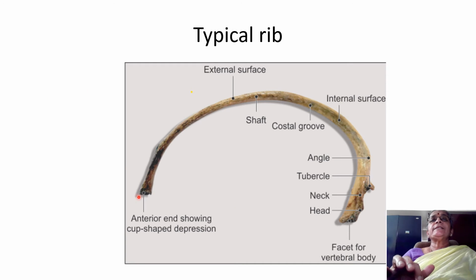This is the posterior end, which has the head, neck and tubercle. And this is the anterior end, showing a cup-shaped depression for the attachment of costal cartilage. You are seeing the curved shaft having an external surface and an internal surface.